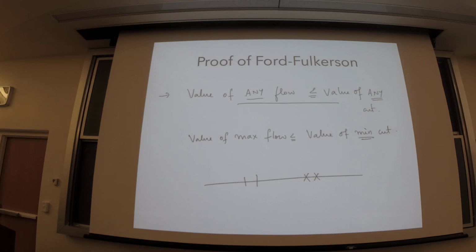Okay. Now it turns out that the proof of the Ford-Fulkerson algorithm is actually quite unlike any proof of correctness you've seen. So remember, the Ford-Fulkerson algorithm is an algorithm for the max flow problem. And the way you prove the correctness of that algorithm is by exhibiting a cut whose value is actually equal to the value of the flow it produces. Okay, so this is a subtle thing.